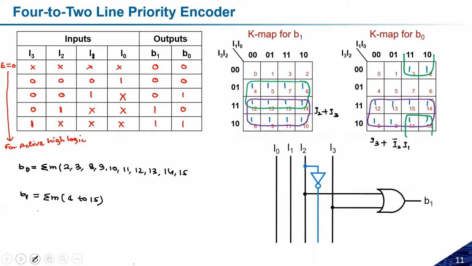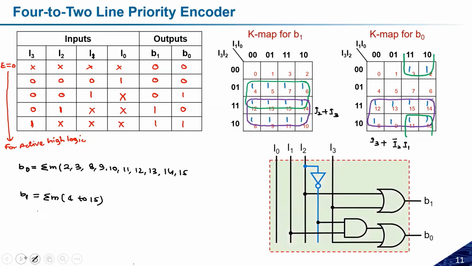B1 is simply I2 ORed with I3. For B0, you first need the AND of I2 complement and I1, and then you OR it with I3. This is the circuit for the priority encoder.